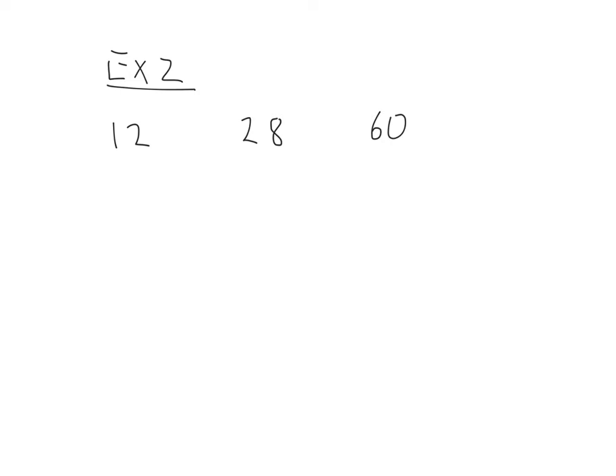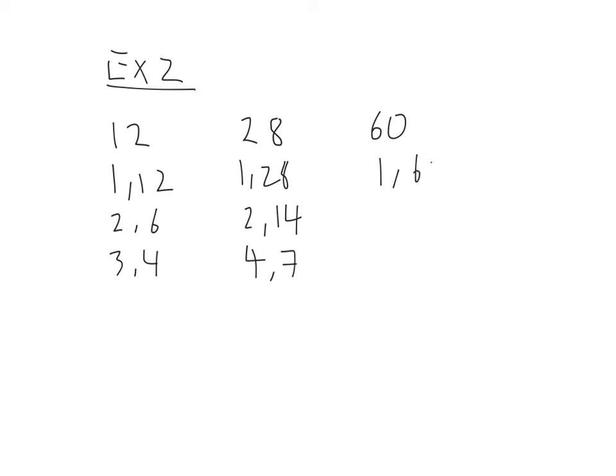If I've got 3 numbers and I want to try and find, first of all, the common factors, I've got to list the factors of 12, so that's 1 and 12, 2 and 6, and 3 and 4. The factors of 28 are 1 and 28, 2 and 14, and 4 and 7. The factors of 60 are 1 and 60, 2 and 30, 3 and 20, 4 and 15, 5 and 12, and 6 and 10.